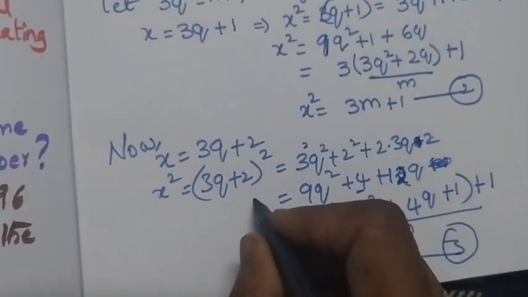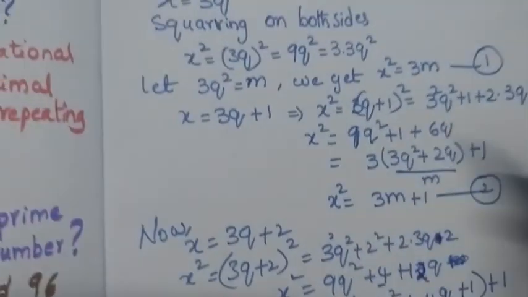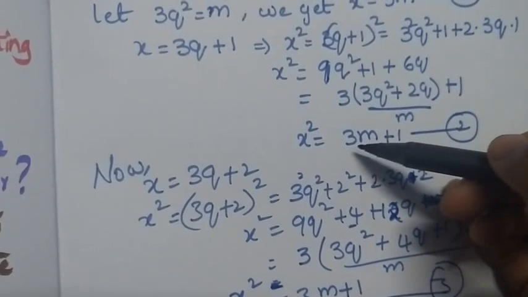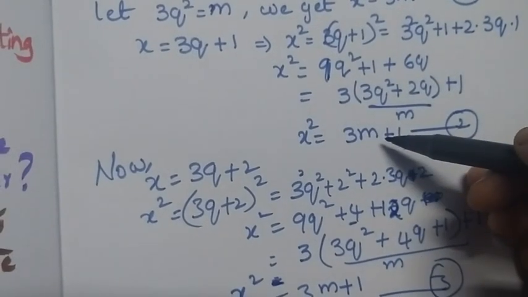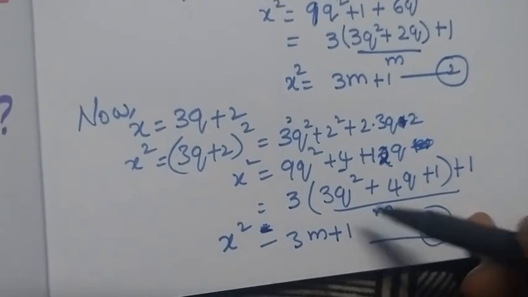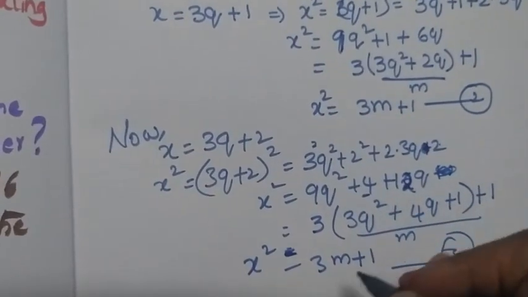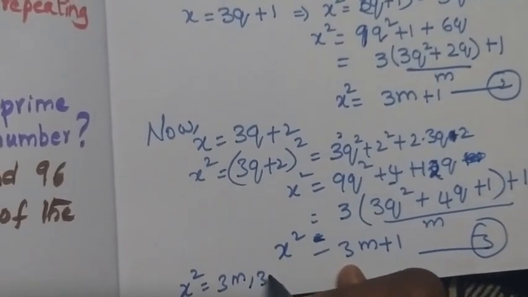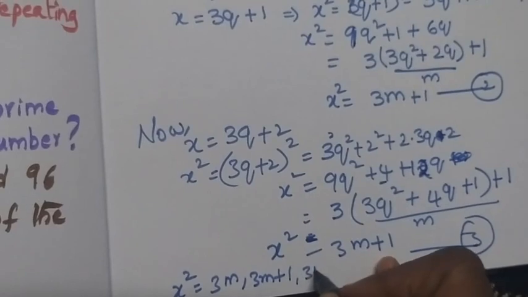x square is equal to 3m from the first equation, and the second equation is x square equal to 3m plus 1, and the third is x square equal to 3m plus 1. So like this we have obtained x square equal to 3m, 3m plus 1 and 3m plus 1.